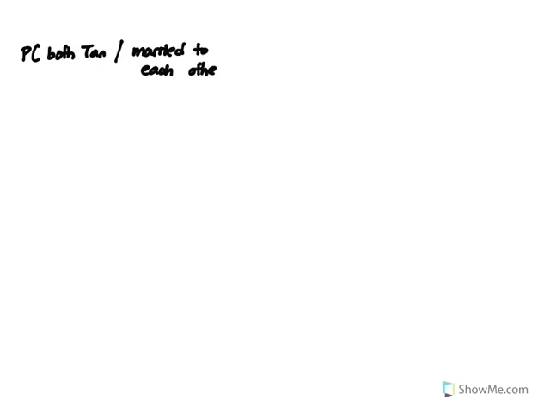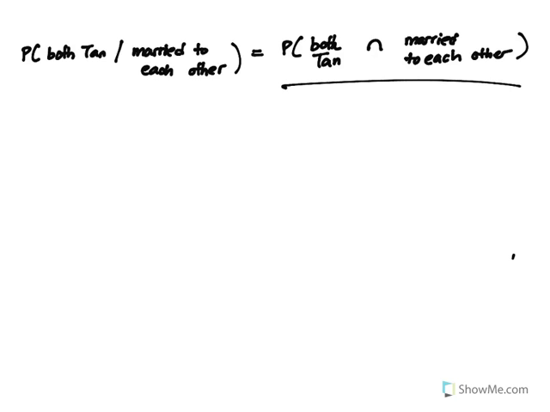If you think about it, we just use the conditional probability formula. It's the same as saying that I want both to be Tan, combined with the fact that they are both married to each other. So how many ways can you think about the probability of them being married to each other?